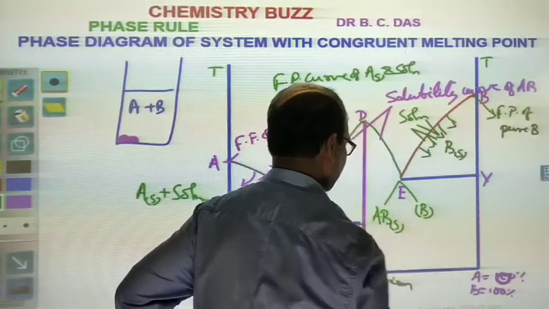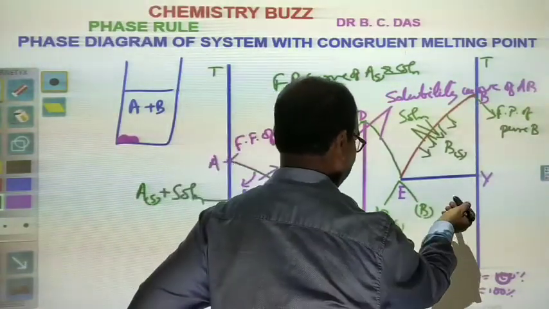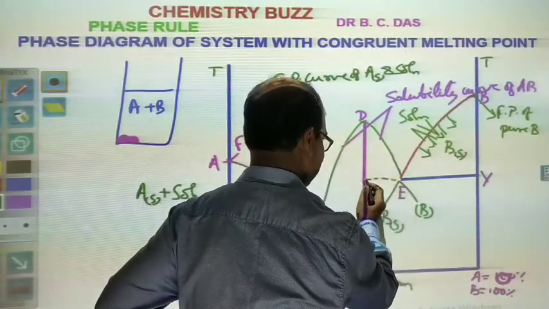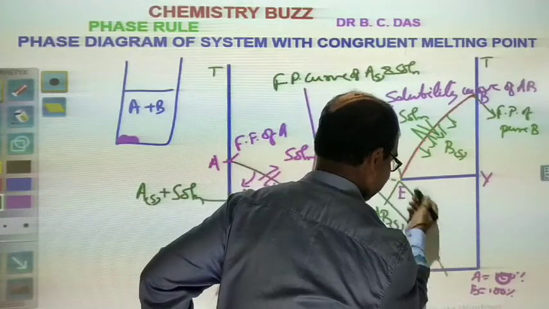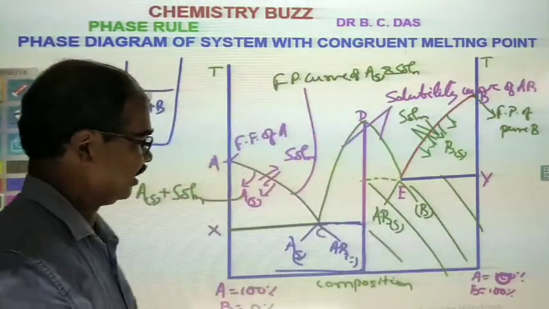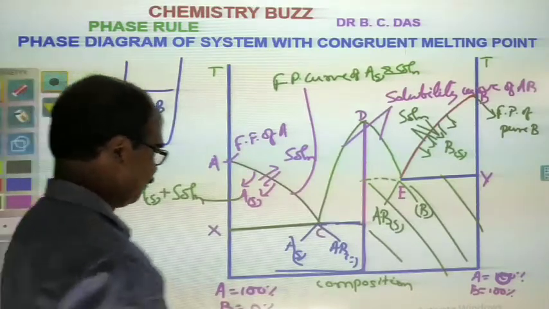So two solids are formed, and in this region you will get two solids, that is AB and B.